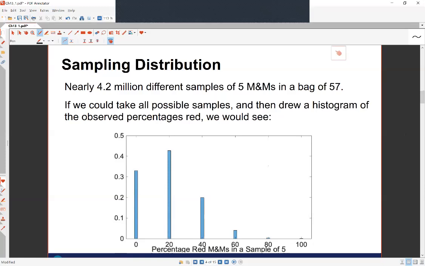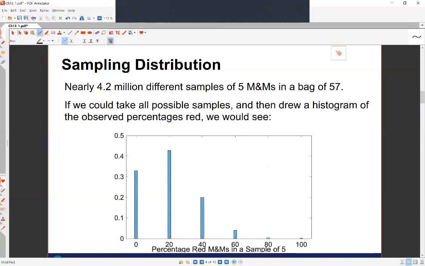A bag with 57 M&Ms, taking out 5, you may think, well, there aren't that many ways in which I could take a sample. And if that's your first instinct, I have bad news for you, because there is nearly 4.2 million different samples of 5 M&Ms that you could take out of a bag of 57.